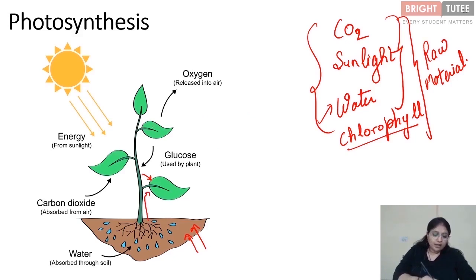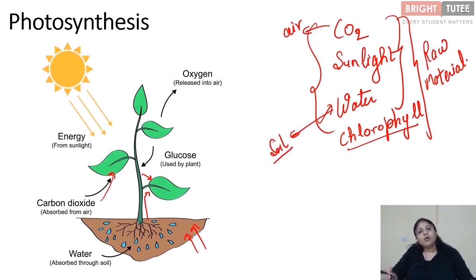Apart from that, the carbon dioxide goes in from the air. So you can see that the CO2 goes in from the air, the water goes in from the soil, right? When the water is going in from the soil, the part that plays a very important role in the absorption is the root. You've already studied in your previous class that the root is a very important part, because it absorbs the minerals, nutrients and water from the soil, right?